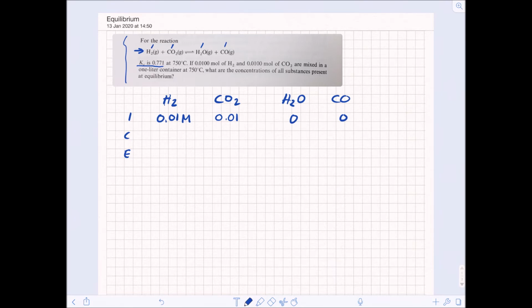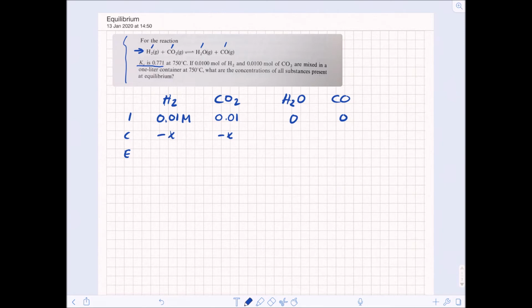And as I mentioned, when the reactants react, we set the change here to minus x.